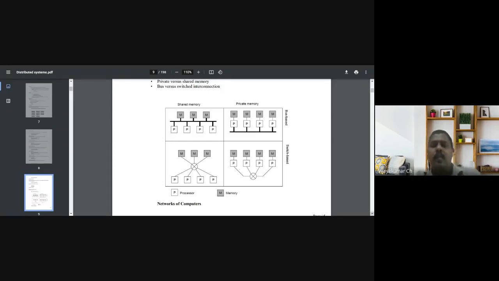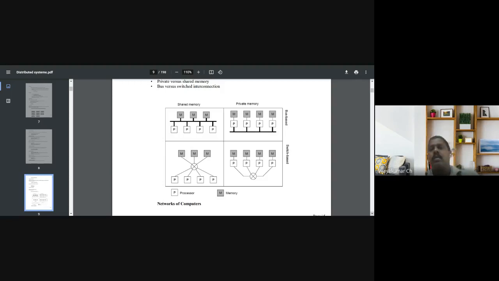The processor is represented by the letter P in the white boxes, and the memory components are represented by the letter M within the gray boxes.